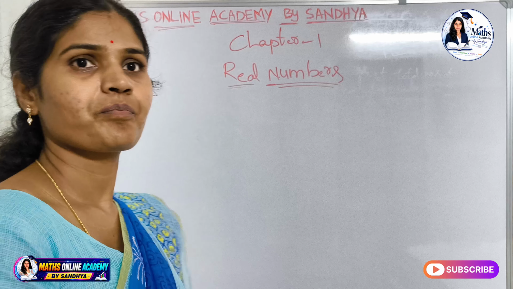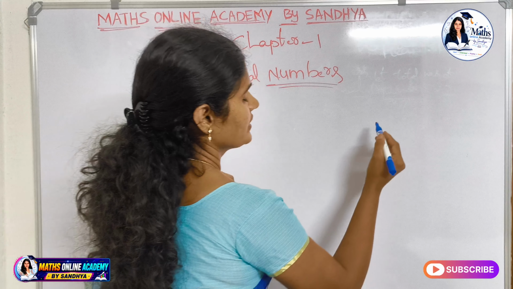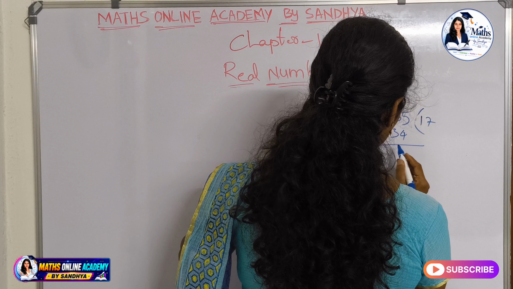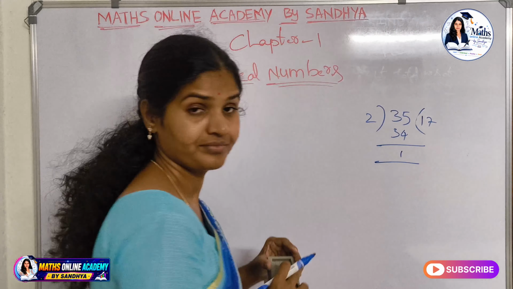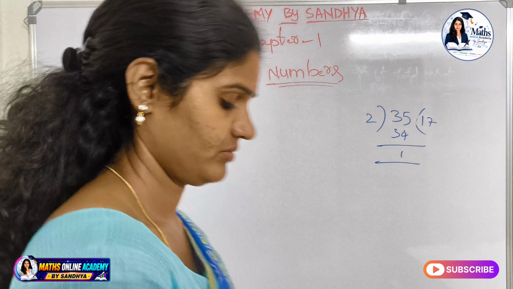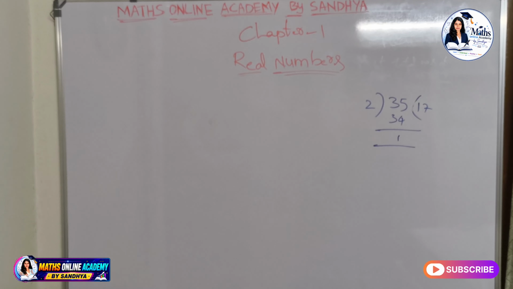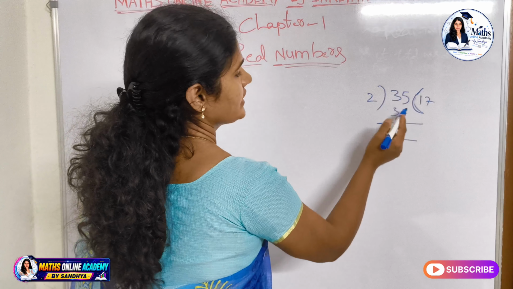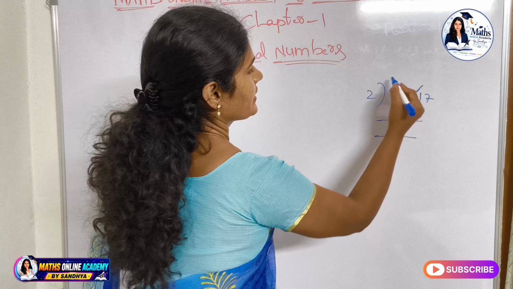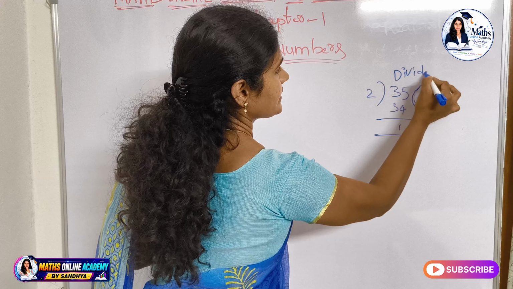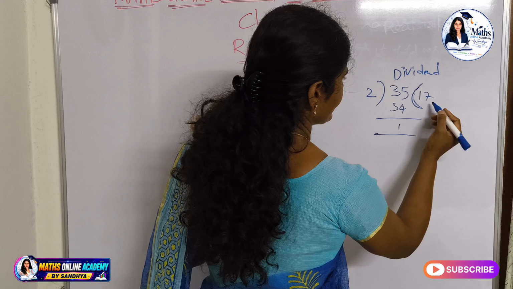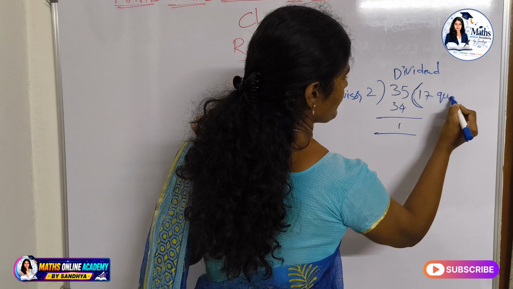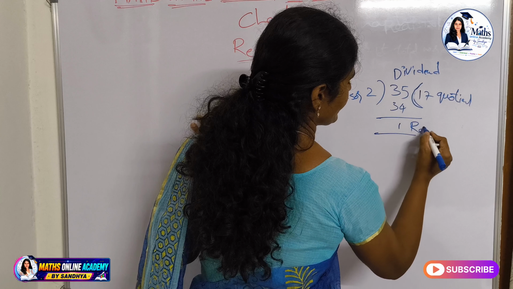In the division algorithm formula, we clearly discuss, for example, see one example: 35 is divided by 2, and this is the dividend, this is the divisor, the quotient, and this is the remainder.